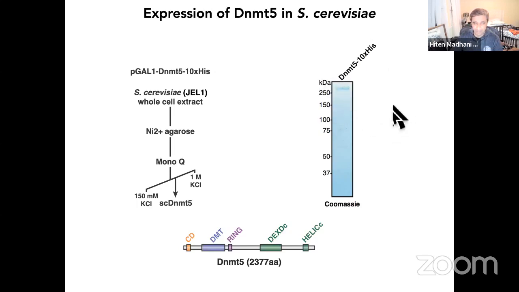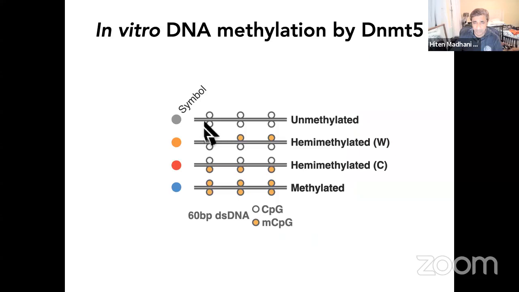It's a difficult enzyme to express in large amounts, so we were able to do it in yeast initially. Then we purified it and mixed it together with substrates: oligonucleotides that contain 3 CG dinucleotides that were either unmethylated, hemimethylated on the Watson strand, hemimethylated on the Crick strand, or fully methylated.